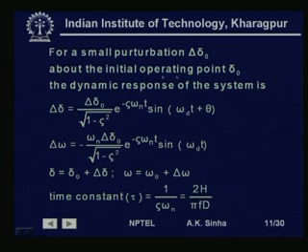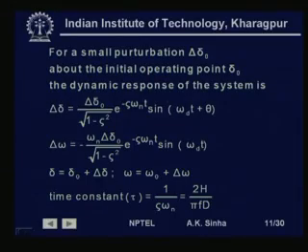For a small perturbation delta 0 about the initial operating point delta 0, that is, if we suddenly change the delta angle at time t equal to 0 from delta 0 to delta 0 plus delta 0, how this change in angle takes place is what we are writing here.